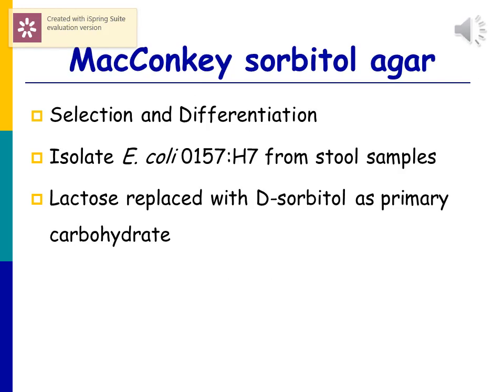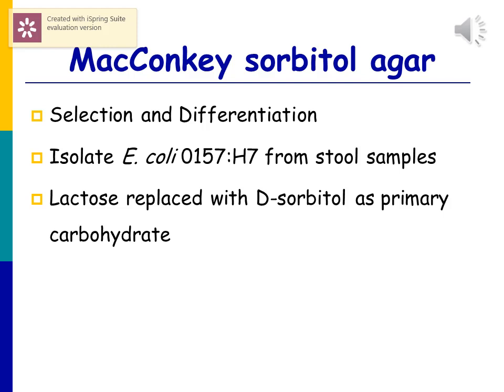One way you can find EHEC is to use MacConkey sorbitol agar, which is a selective and differential agar. Instead of lactose, which is normally found in MacConkey agar, MacConkey sorbitol has D-sorbitol as the carbohydrate instead of lactose. So your typical E. coli can ferment the sorbitol, and thus on your MacConkey agar, you would see pink organisms.